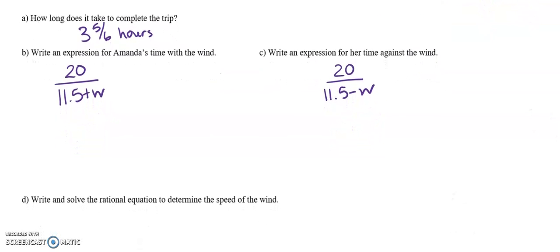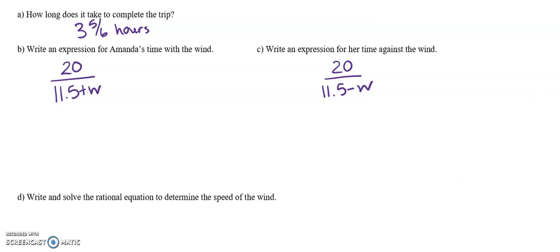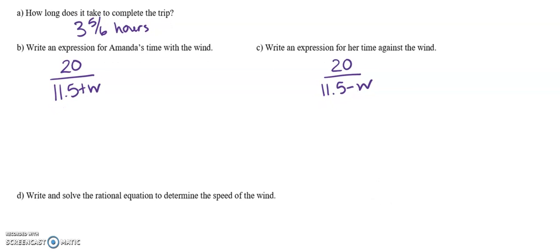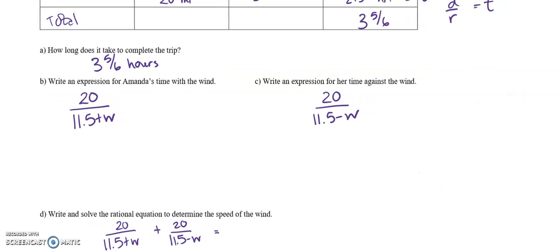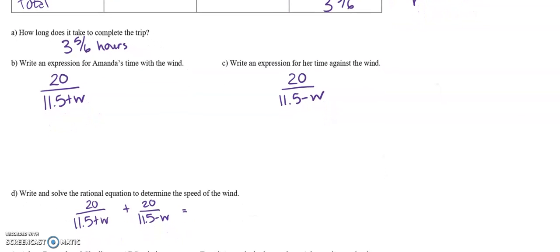And then the next thing we want to do is determine the speed of the wind. So we can write that rational equation. It would be the 20 over 11.5 plus W plus the 20 over 11.5 minus W. That's going to equal her total time, and our total time was the 3 and 5/6 hours.